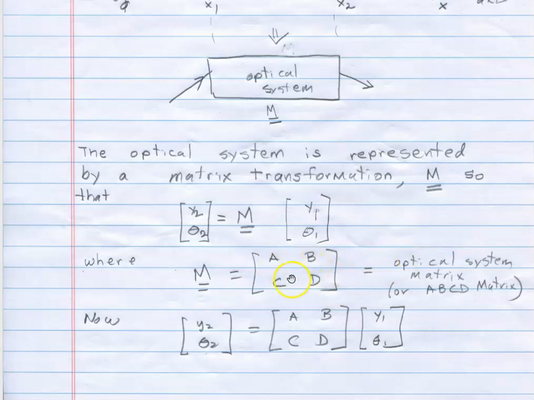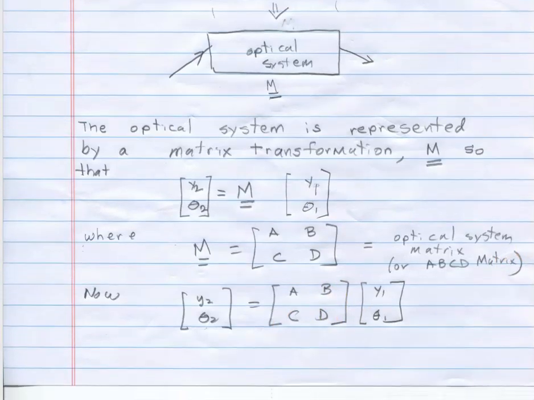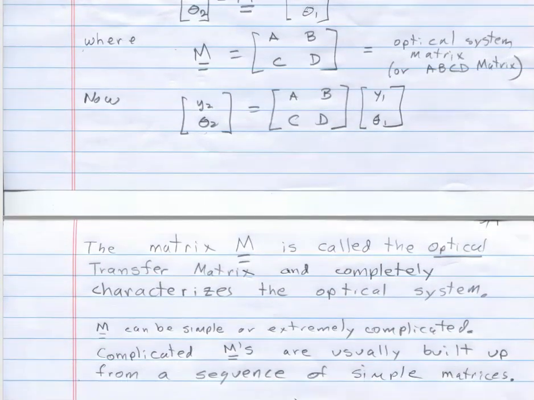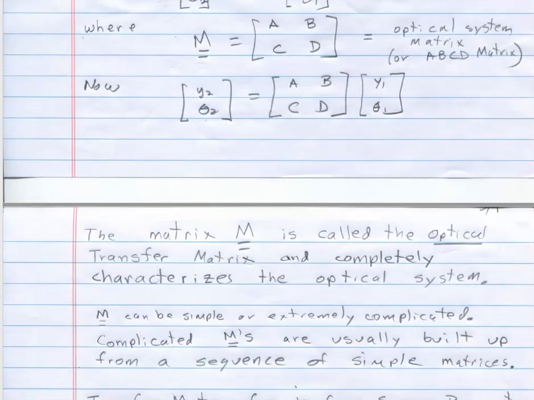The elements of it are traditionally A, B, C, and D, and so people have gotten into the habit of calling this the ABCD matrix. In any event, one can represent as complex or as simple an optical system as you would like with a single matrix with these elements A, B, C, and D that characterize the optical instrument or system. This matrix M is called the optical transfer matrix, and it completely characterizes the optical system in terms of inputs being mapped to outputs.